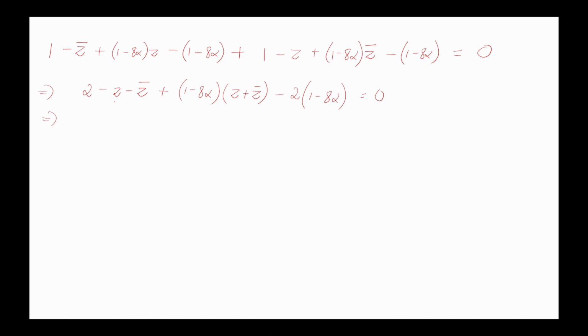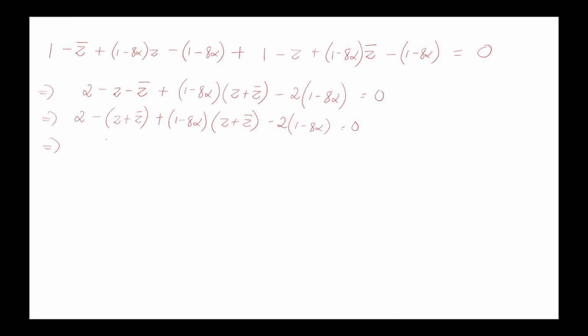So from here, I can take z plus z bar common. So I can write this equation first of all in this way: z plus z bar plus 1 minus 8 alpha z plus z bar minus 2 times of 1 minus 8 alpha is equal to 0.